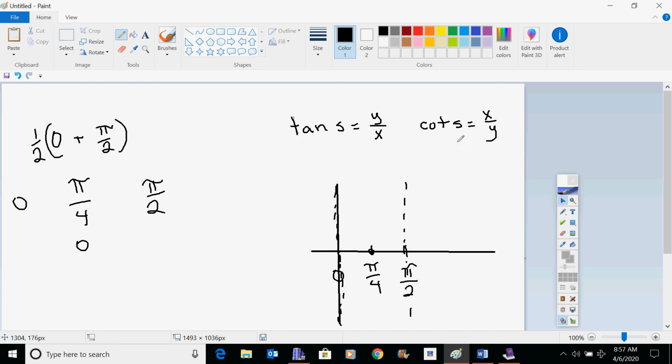Now we're looking at cotangent for this one. And cotangent, remember, starts up and goes down. Our normal one would be from 1 to -1, starting up and going down. But since we're looking at 1/2 the cotangent of 2x, I believe that was the problem.